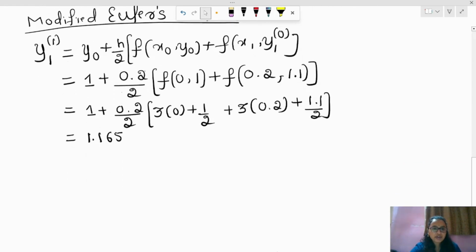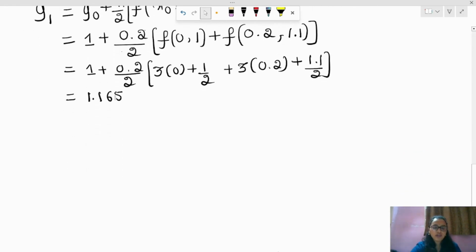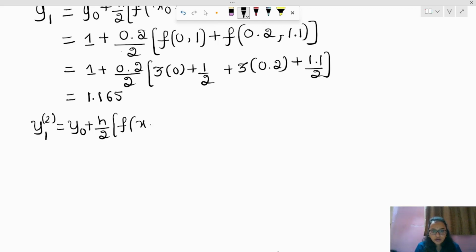Similarly, we'll find the value of y1 at its second approximation. Students, for each and every step you have to write down the formula. So now the formula will be y0 plus h divided by 2 times f of x0 comma y0 plus f of x1 comma, and before I used y1 at 0 approximation, now I will be using y1 at first approximation.